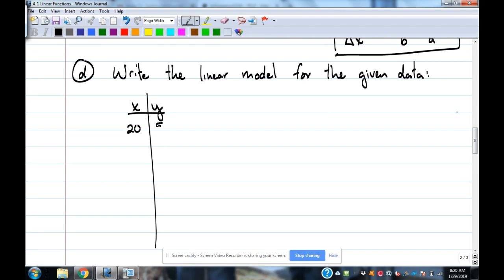Let's say we had 20, 50; 40, 45; 50, 42.5; 60, 40; 70, 37.5. I left one out, 30, 47.5. Stick that in there somewhere. It doesn't necessarily have to be in order.